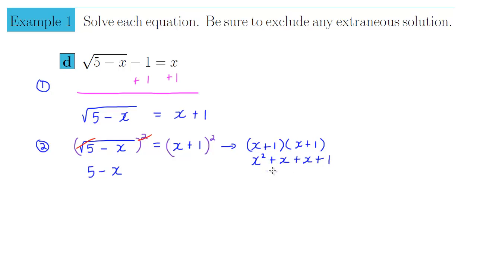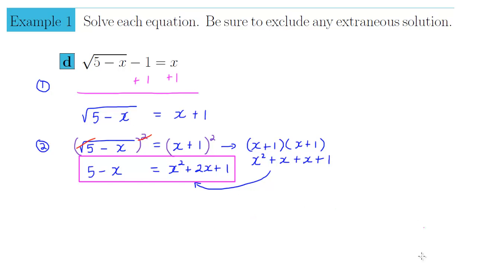So altogether, when we put this back into our equation, we're left with x squared plus 2x plus 1. This is the new equation we have to solve. Whenever you have a plus or a minus and you're squaring, you have to FOIL it out.